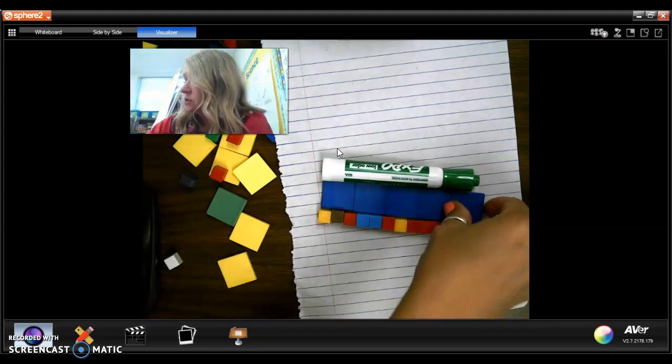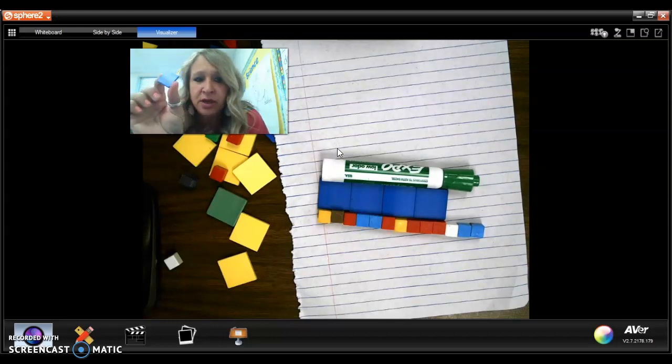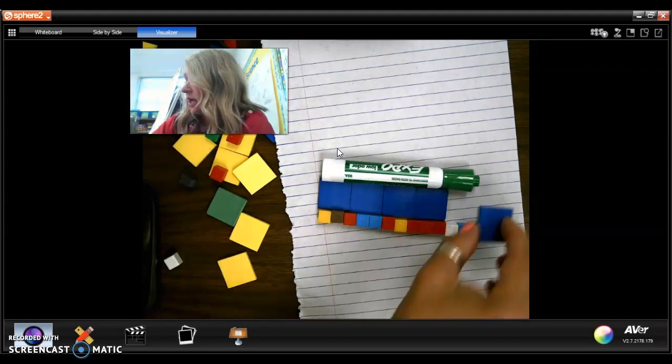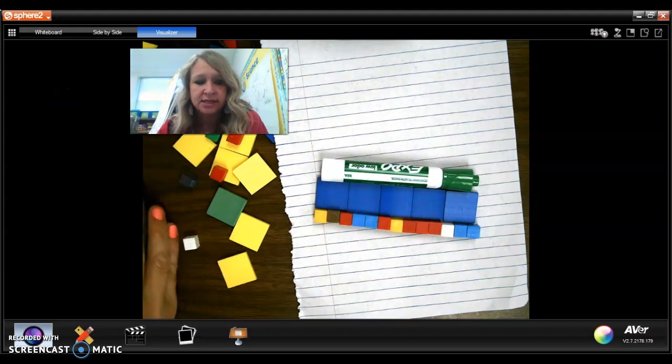So, did I use fewer or more of the square tiles? Fewer. Why did I use fewer square tiles? Fewer than the ones units. Because they're bigger or smaller? Bigger. That's right. So now let's go write that on our assignment.